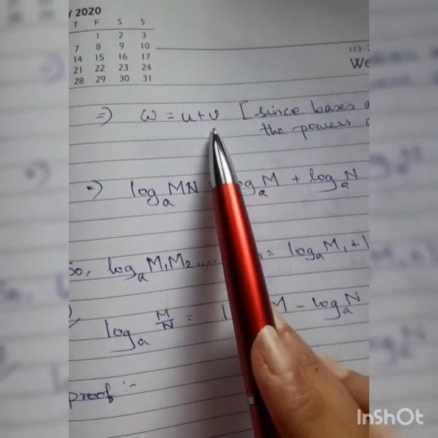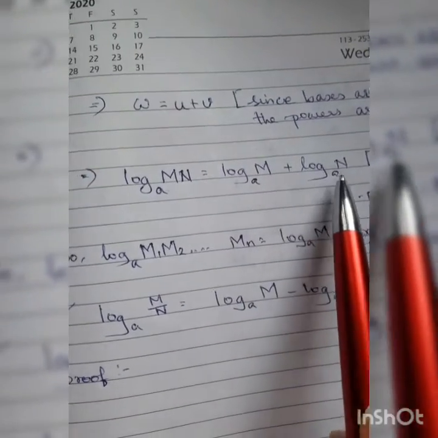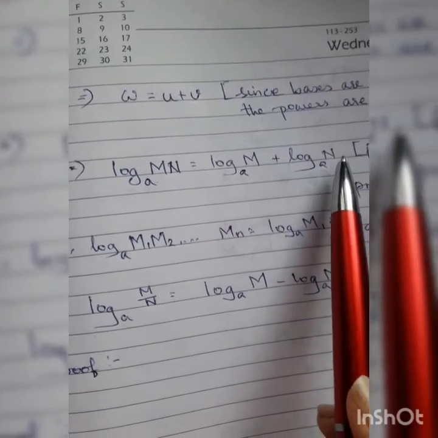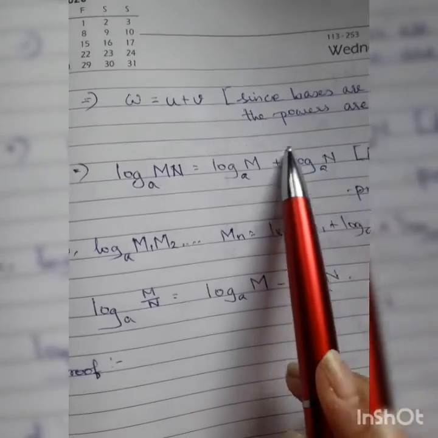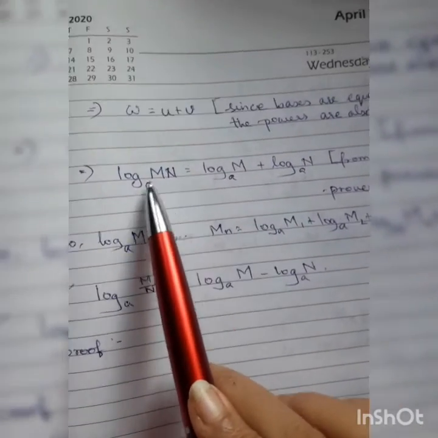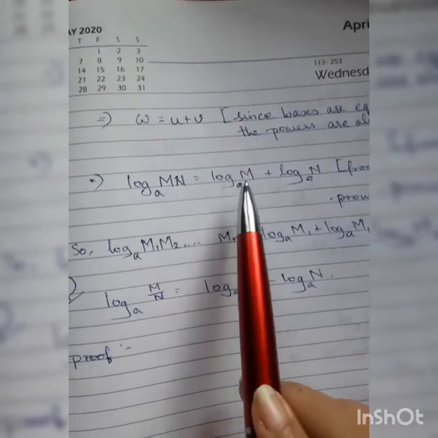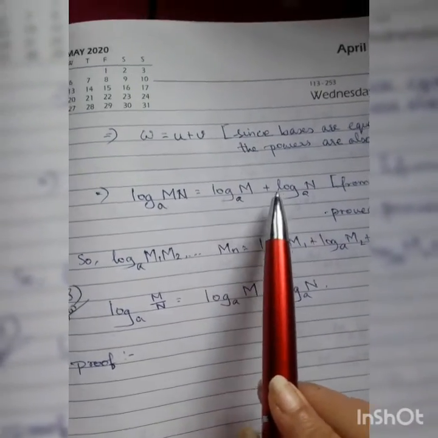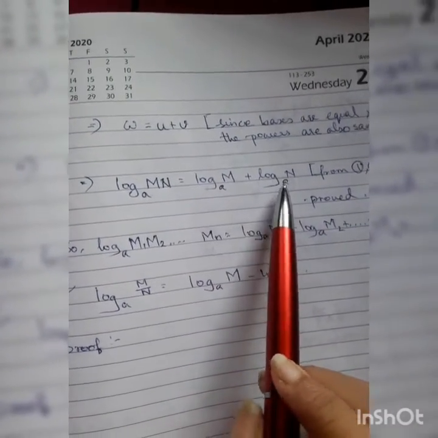And what was our v? v was log n to the base a from equation number 2. So we are substituting this value over here. So we get that log mn to the base a is equal to log m to the base a plus log n to the base a.